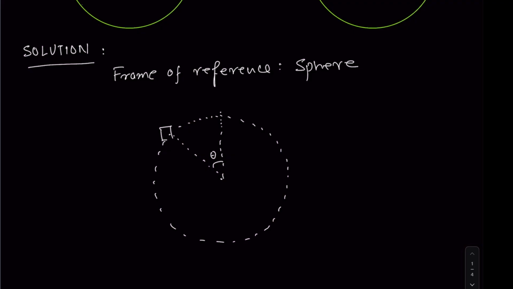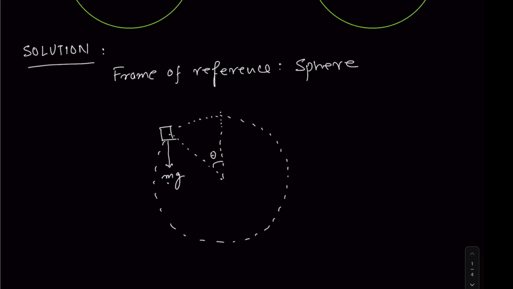If the particle is here, what are the forces acting on this particle in this frame of reference? Of course there is gravity, the weight of the particle. Let's assume the mass of the particle is m, so mg is the weight.